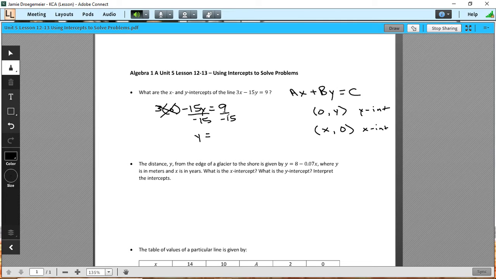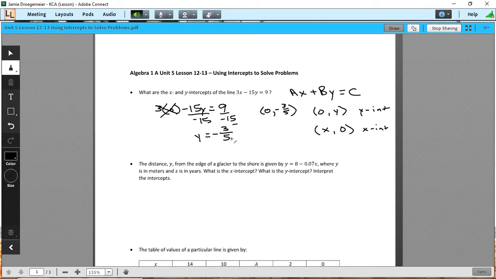I could simplify that fraction. Each of those is divisible by 3. 9 divided by 3 is 3, and 15 divided by 3 is 5. So negative 3/5 is the y value for our y-intercept. At 0, negative 3/5, that would be the y-intercept.